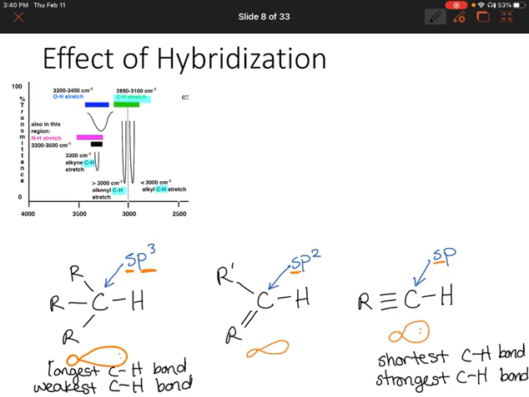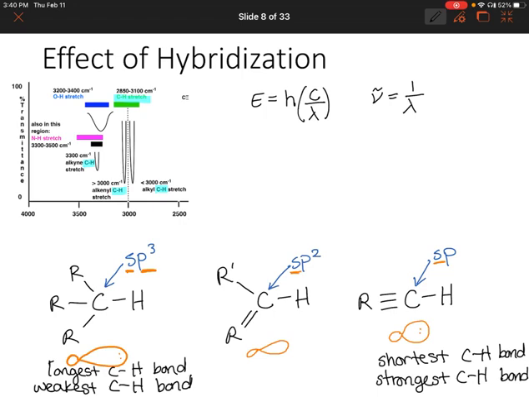Okay, so remember that energy, we said, was equal to Planck's constant times the speed of light over lambda, the wavelength. And then we said that the wave number was equal to 1 over wavelength.